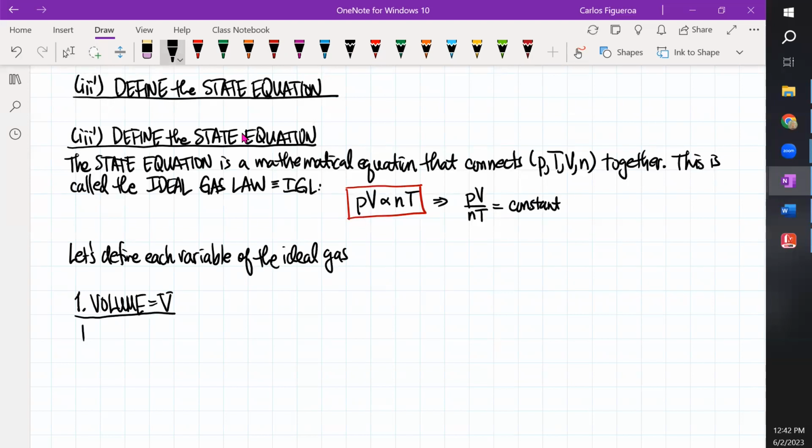So the volume that contains an ideal gas, if I didn't have a container, the ideal gas would just move away. So when I look at this thing, I could say that here's my container.